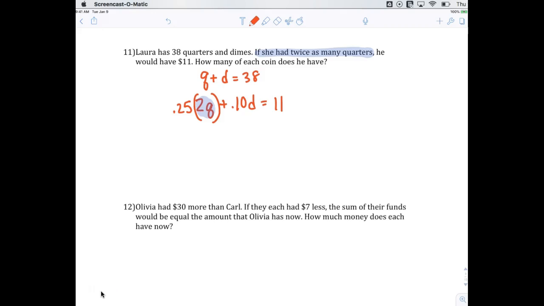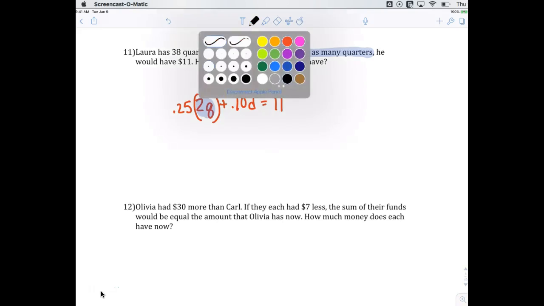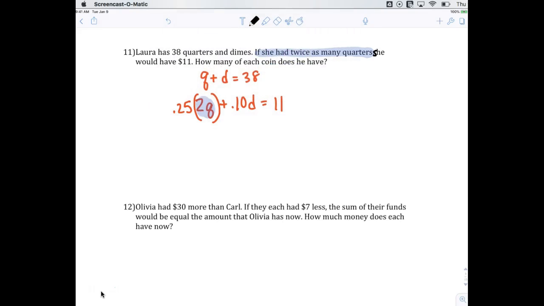Is everybody with me on this? All right. Again, if she had twice as many quarters, she would have $11. Now, let's fix this. Q plus D equals 38.